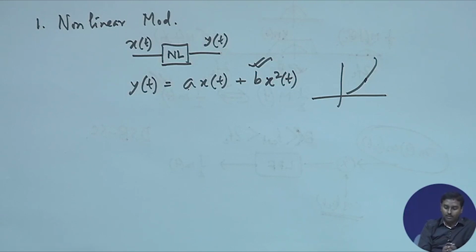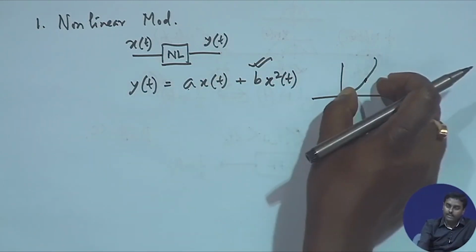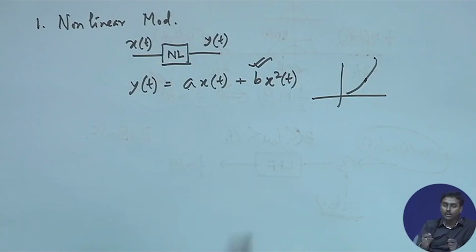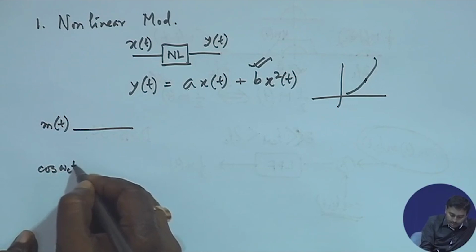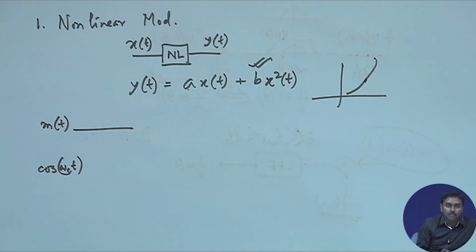So we have a nonlinear device, let us say a diode properly biased so that we get a quadratic nonlinearity, and that is this device. Now if we connect this in this fashion, my two inputs are m(t) and cos ω_c t, and I need to produce a multiplication term.